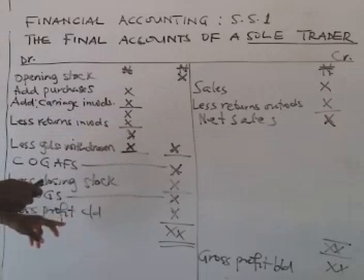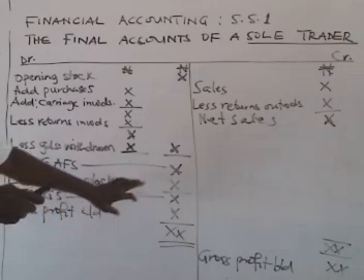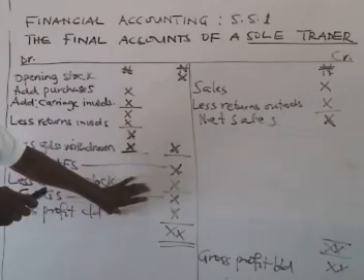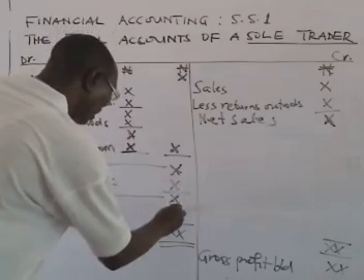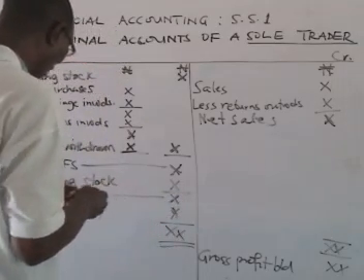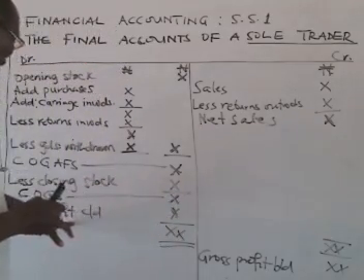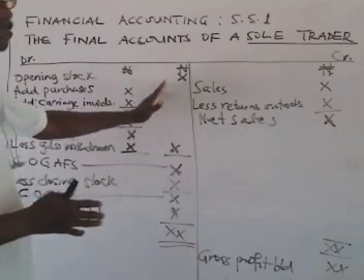Gross profit is the profit made by the owner of the business, which he cannot keep in his pocket, because once that is done, he has abused the account. So the gross profit is derived when you prepare your trading account.